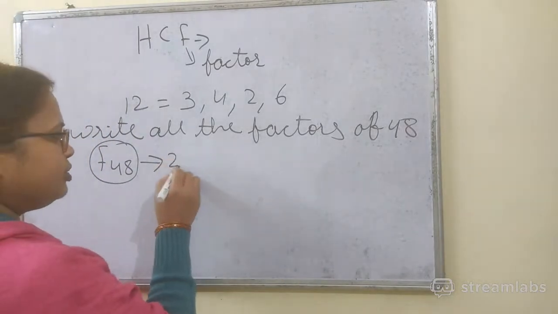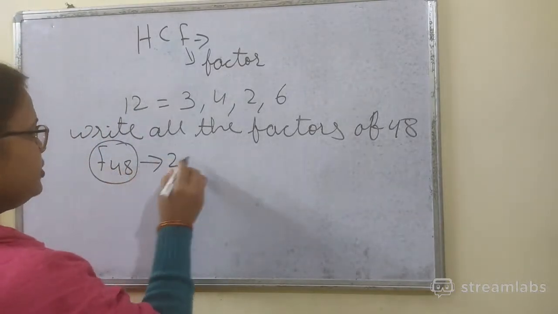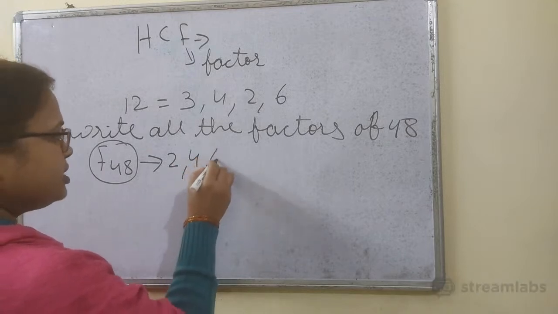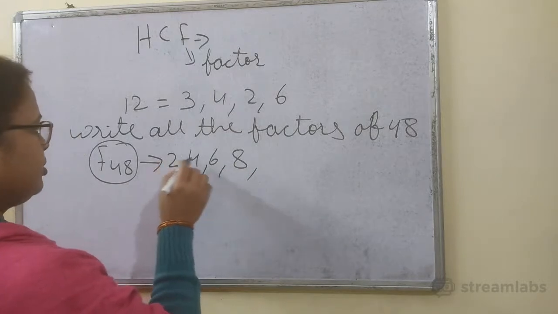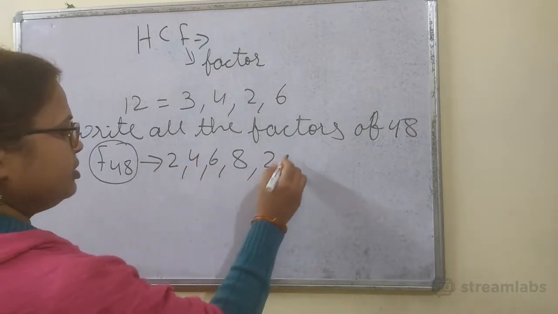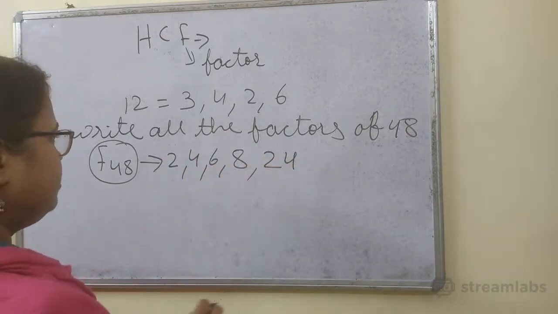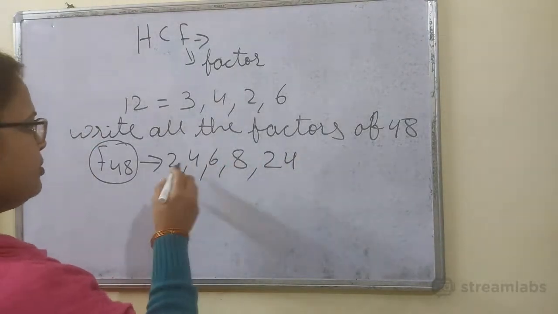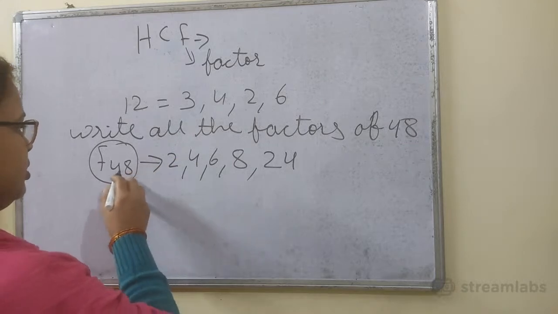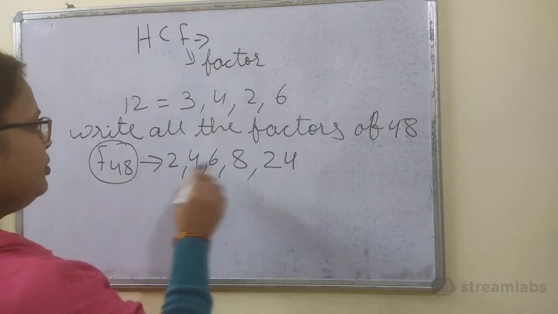So it is divisible by 2. Then it is divisible by 4 also. Then 6 also, 8 also. Then 24 also, because when we divide 48 by 2, we get 24.